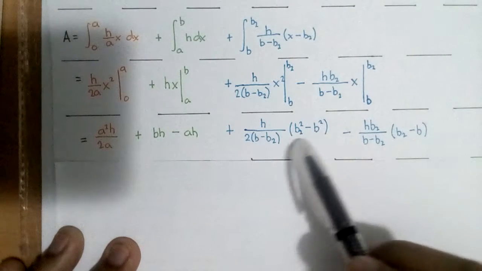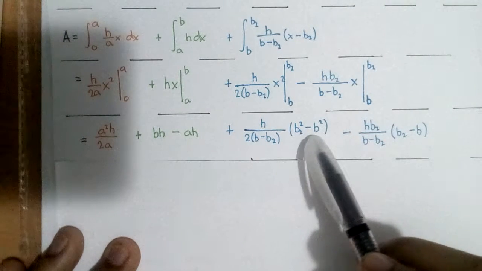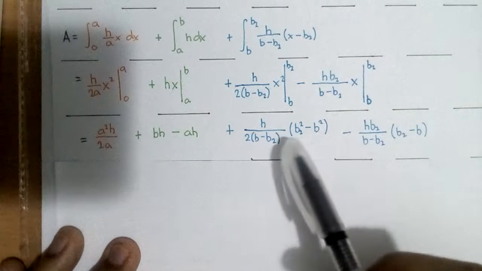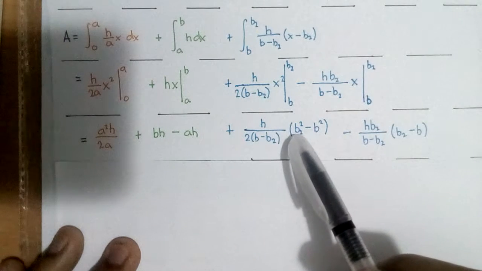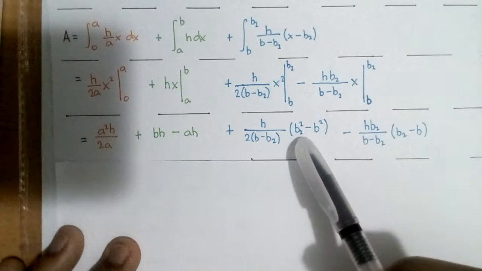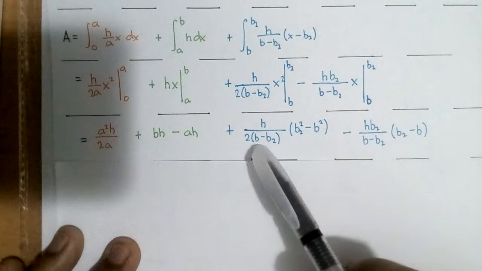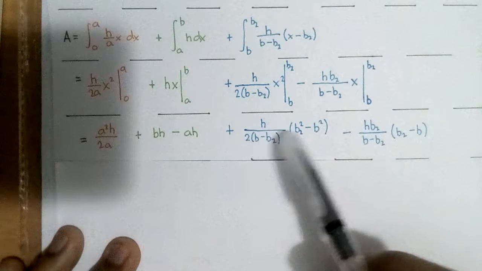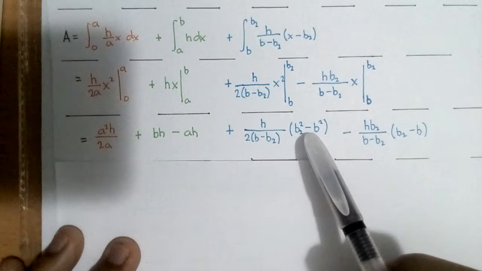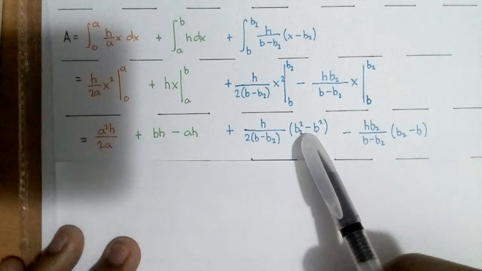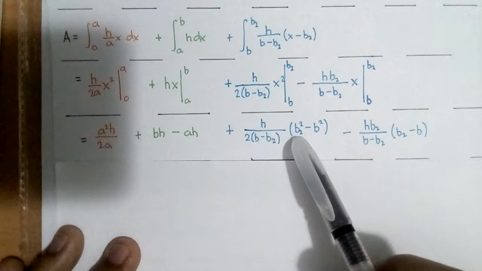this can be separated into b2 minus b and b2 plus b, we only need to multiply b2 plus b with -1 so that these cancel out, so we're left with b2 plus b.